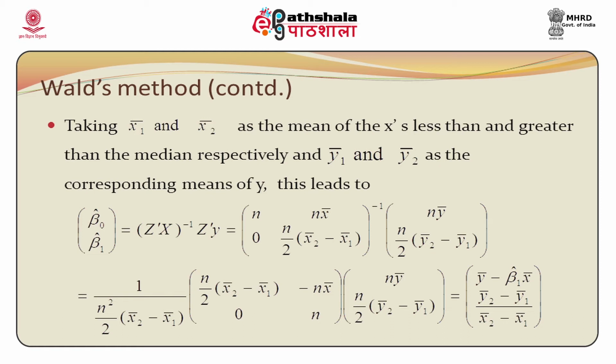Similarly, when you multiply z prime with y, the first term would come out to be n y bar, this is the first element, and the second element would be n by 2 times y 2 bar minus y 1 bar. Mind you, these are not the larger values of y's and the smaller values of y, it just corresponds to the values: y 2 bar are the ones which correspond to the larger values of x, and the values in y 1 bar are the values which correspond to the smaller values of x.